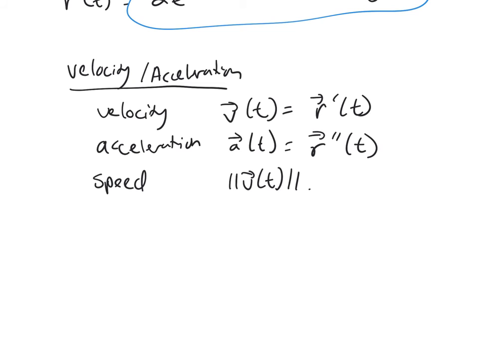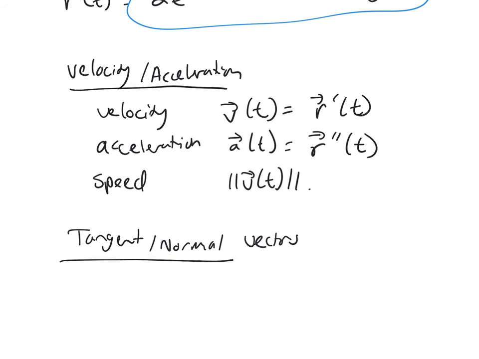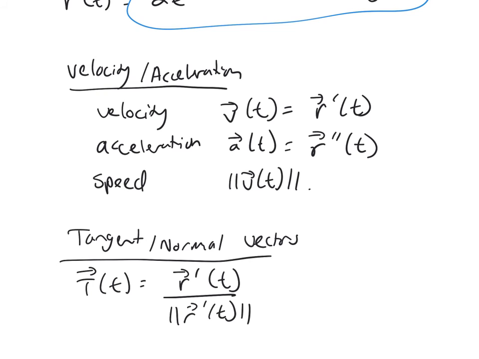So then after this, we started talking about tangent and normal vectors. Remember that your tangent vector, the formula for it, is r prime of t over the magnitude of r prime of t.